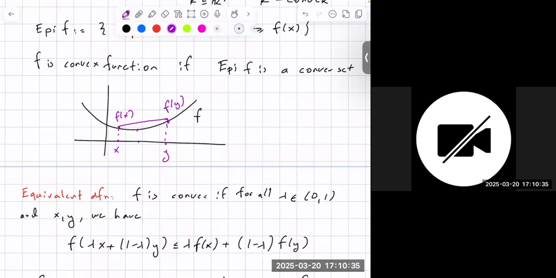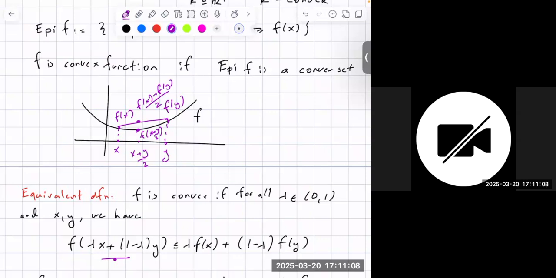Let's pick one example, let's say lambda is half. I'm saying this is true for every lambda you could plug in. For now, let's say you plugged in half. So you're right here. The thing on the left is f((x+y)/2), which is what you see here. And the thing on the right is whatever is on the line, which is (f(x)+f(y))/2.